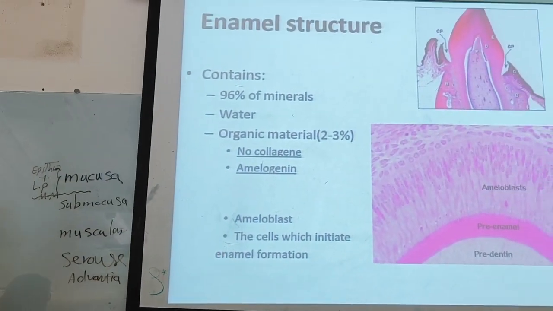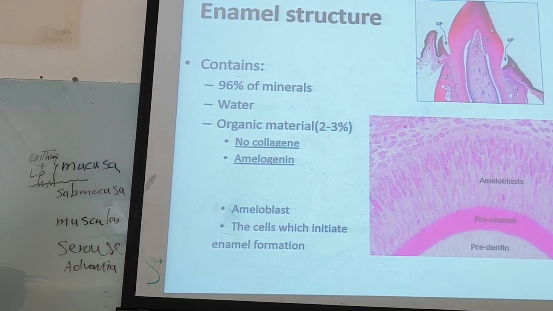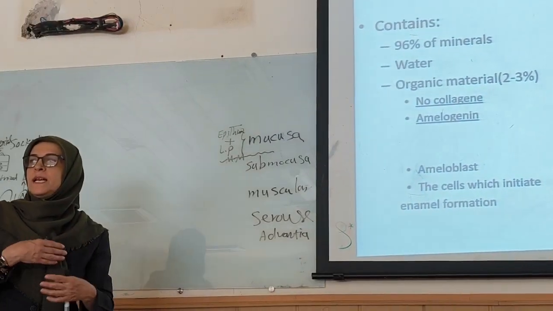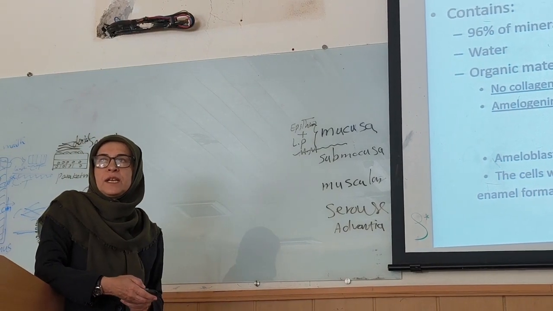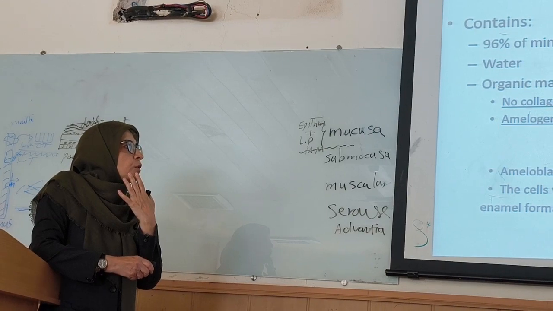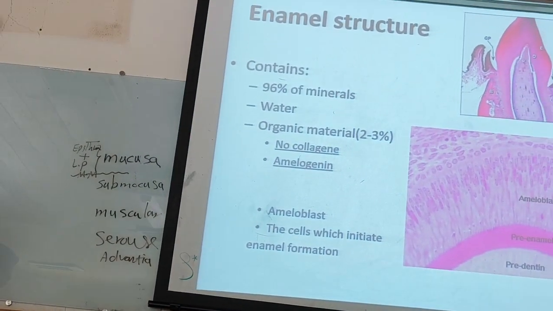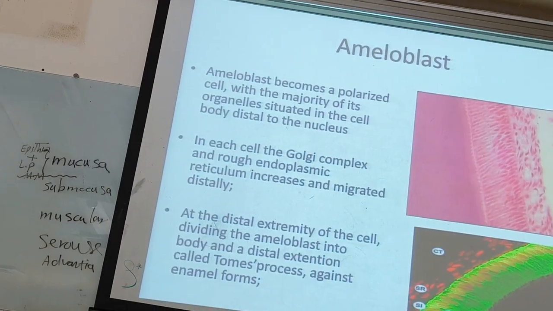They initiate the enamel formation, and these proteins are very important for the development and also the maintenance of the enamel. In the mature enamel, these proteins remain, but other proteins are no longer synthesized by these cells.